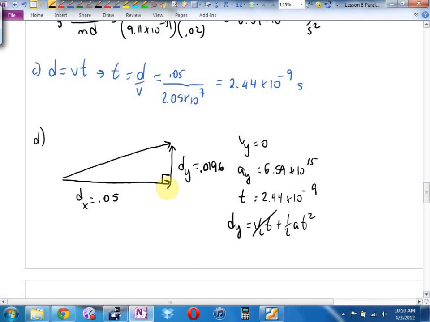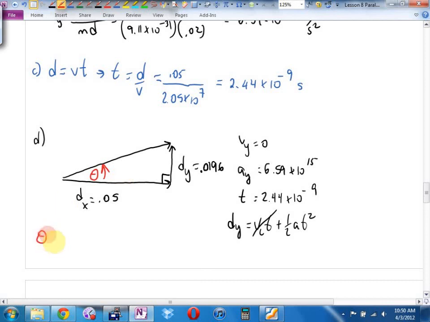Is that okay, Connor? You able to visualize this, right? It's going through there and gets deflected. What did part D want me to find? The angle. Which trig function? Tan, and make sure you're in degrees, Math 12 students.